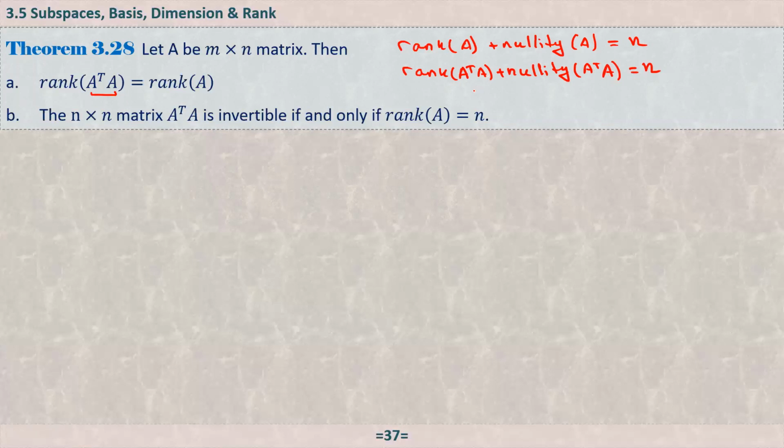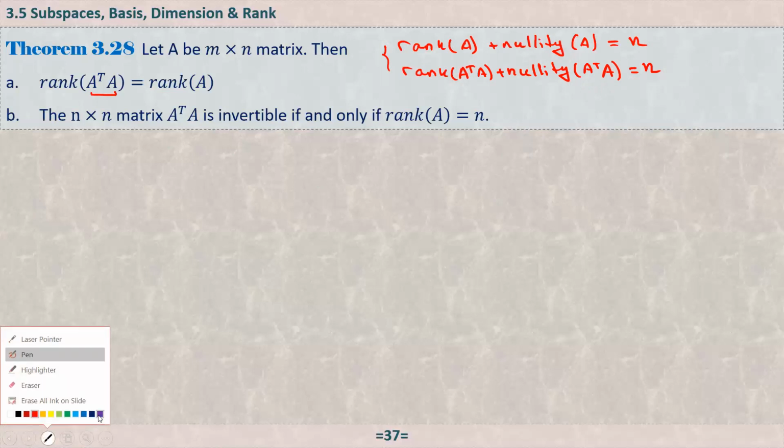It's also just a single matrix. How am I going to prove that? Here, using this theorem, I'm going to show that the nullity of A is equal to the nullity of A transpose A. Okay, so to show this one, here I'll just use this idea.